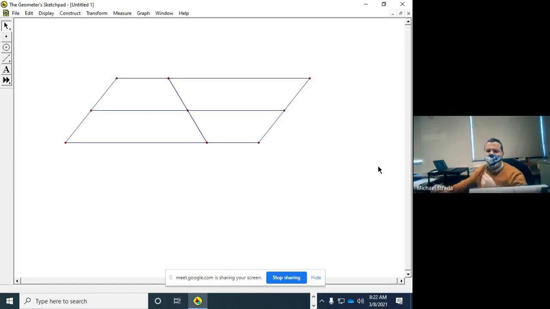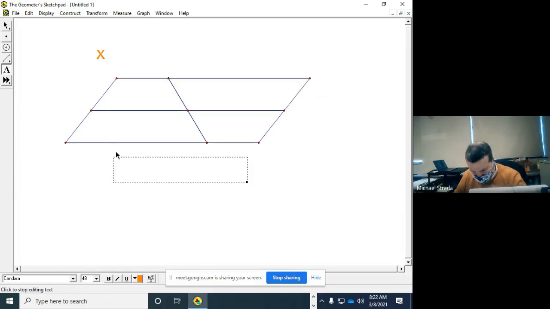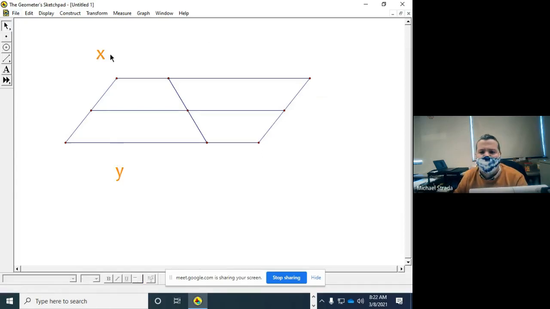Parallelogram. Everything's based on parallelograms. So instead of B1 and B2, you guys okay if I call my bases X and Y? So there's X, there's Y. These are congruent, correct? So that same Y would be up top. And since those are congruent, the same X would be down here.